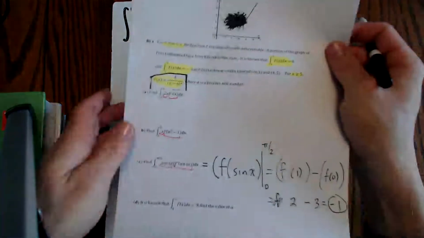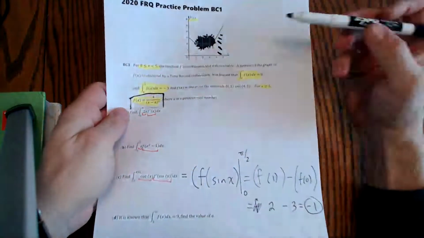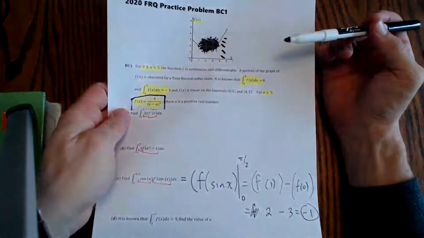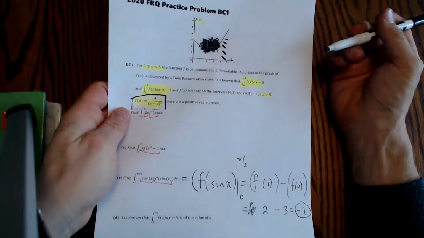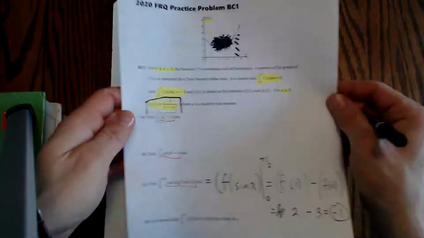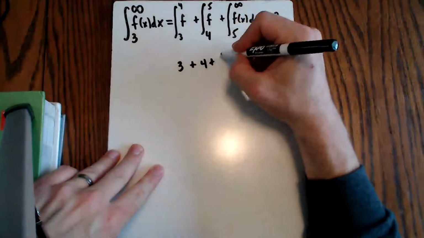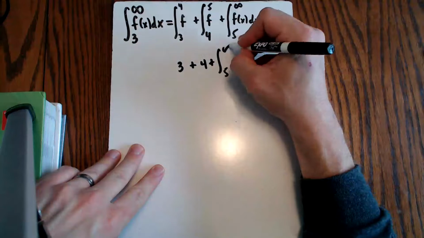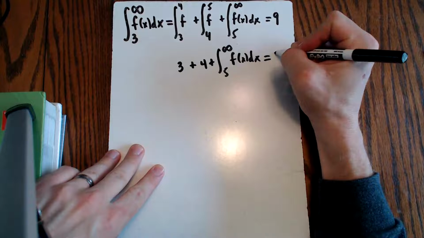Plus, what's the integral of f from 4 to 5? Remember, we have this graph to work with. So from 4 to 5, integral of f would just be the signed area right there. And I'll leave it to you to figure out that that's a total of 4 for signed area. You can check it out, I promise. And then there's this integral from 5 to infinity that we're actually going to have to deal with. And all that is 9.